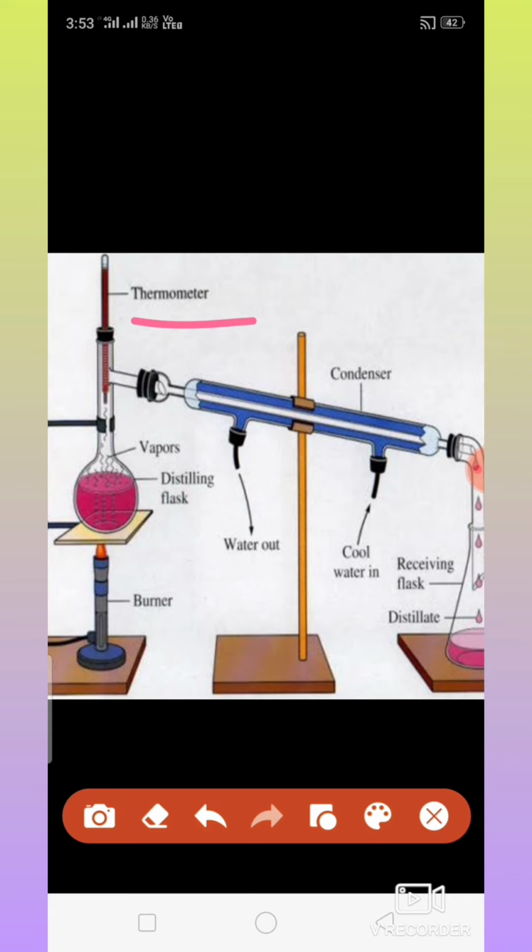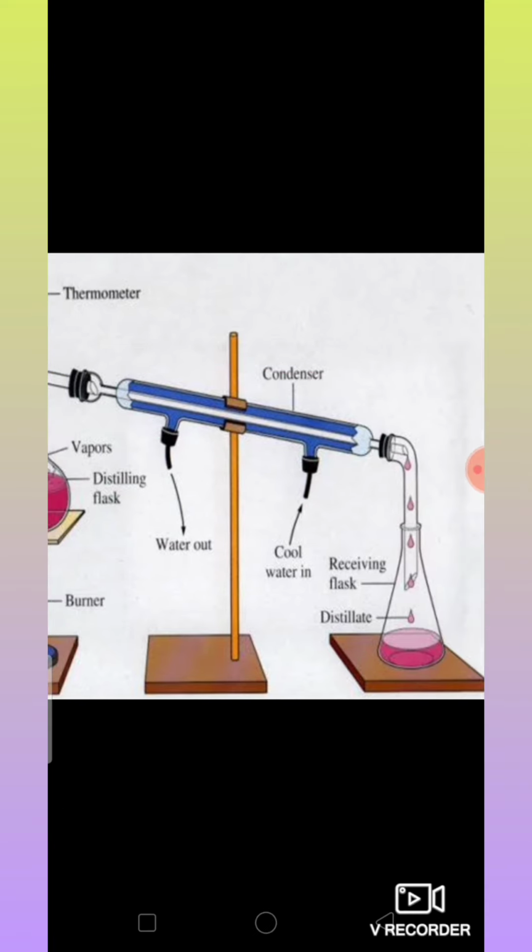The brackish water, that is sea water, to be distilled is taken in the distillation flask and heated to boiling. The pure water vapor passes through the inner tube of the condenser. This is the condenser.